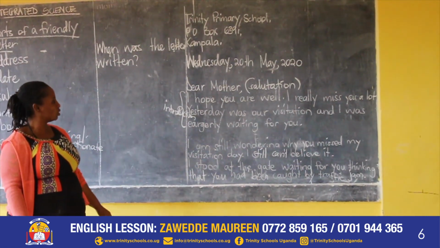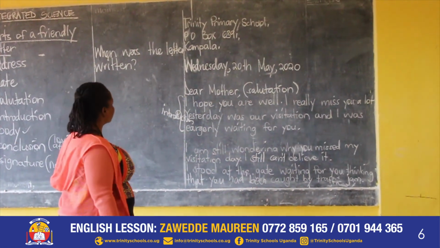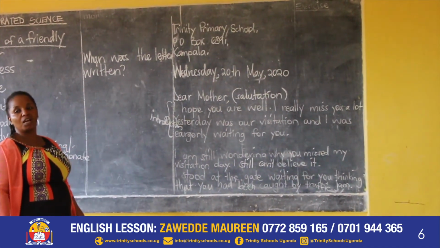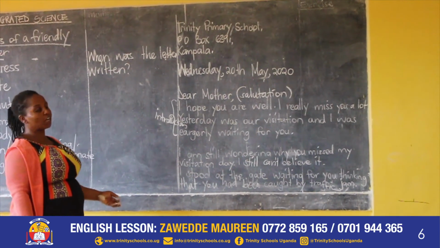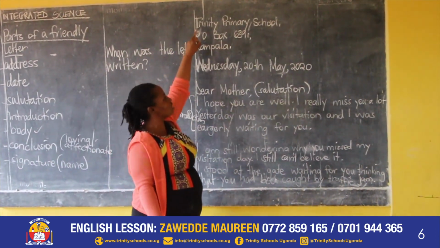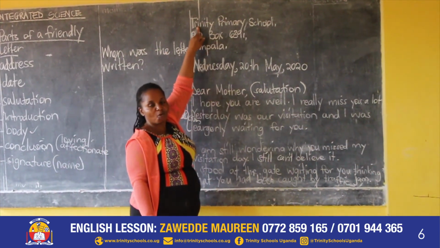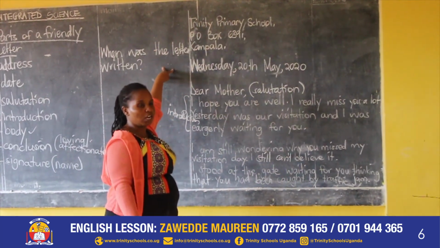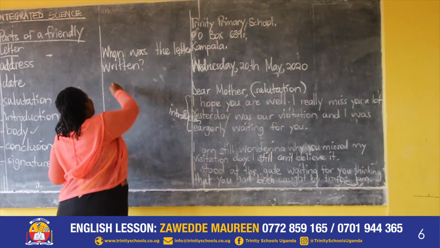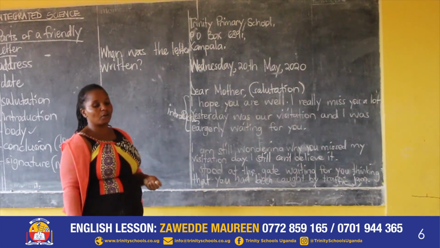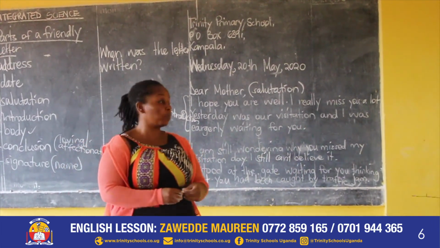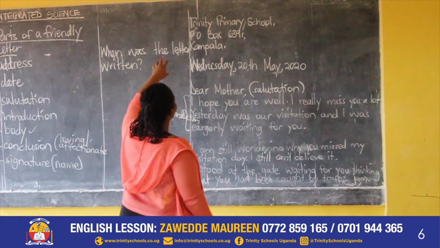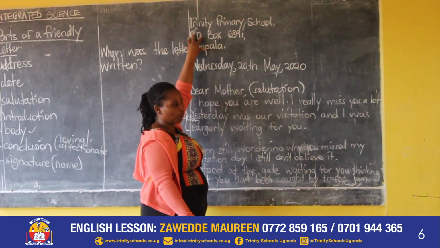Another question that is usually asked: in which school is the writer? The writer is in Trinity. This is her address. The writer is in Trinity Primary School. At times they ask, to which school does the writer go? The writer goes to Trinity Primary School, according to the address here that has been given.